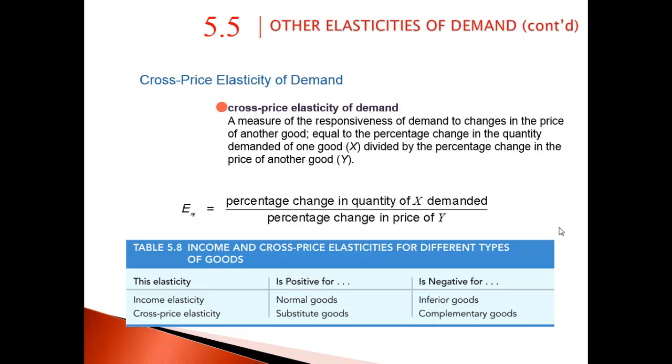Essentially, one percentage change of one good results in a percentage change of another good. Percentage change in price of Domino's results in the percentage change of quantity of Pizza Hut. Those are two substitutive goods.